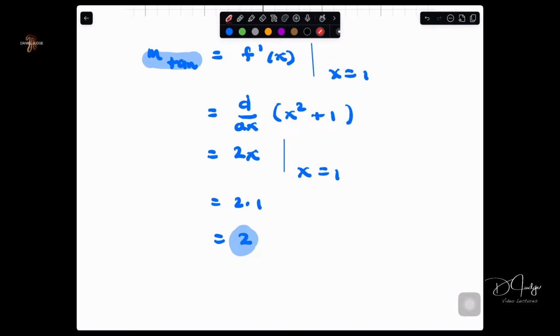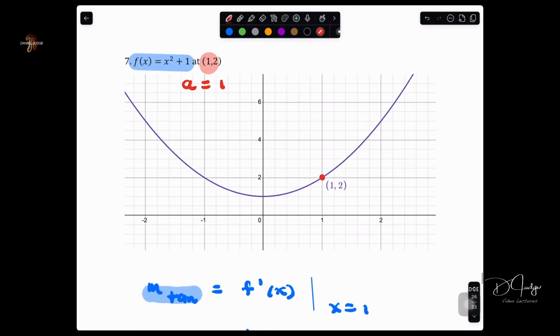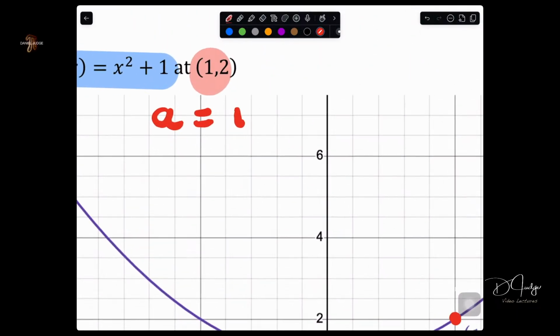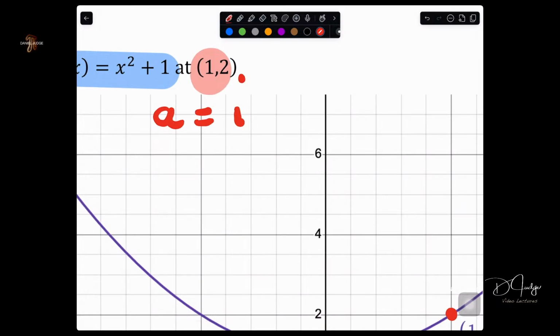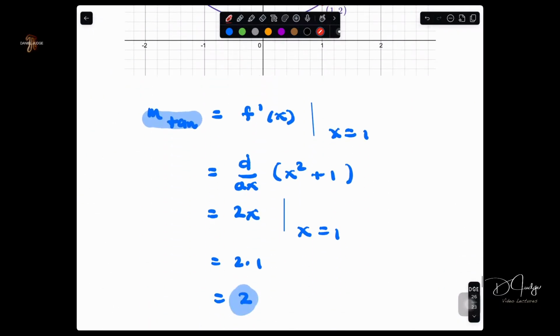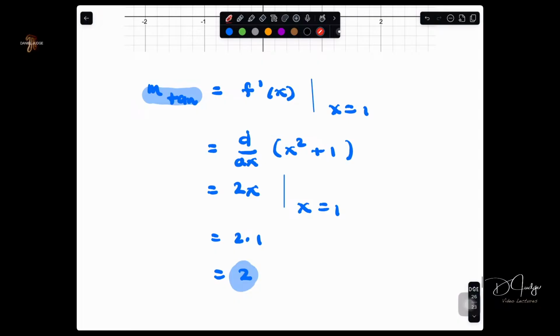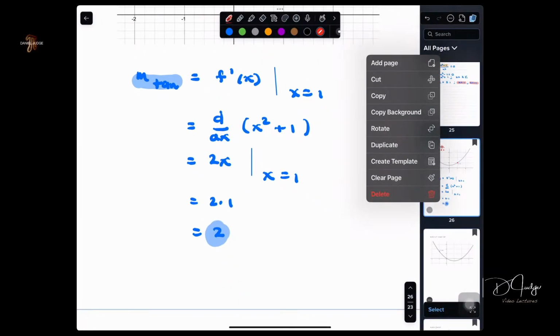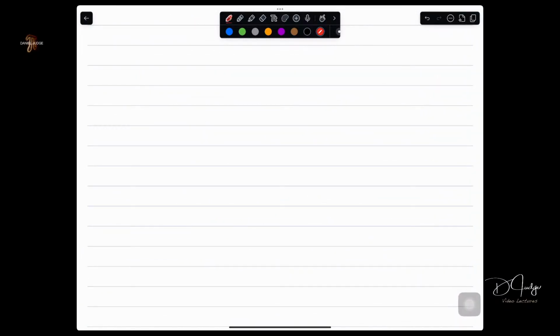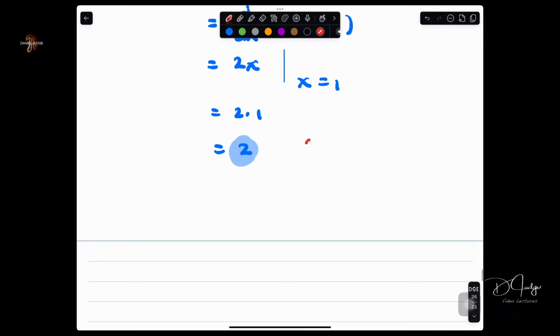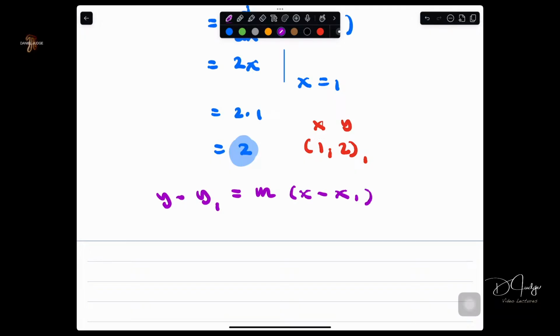Now, again, the location, if we're going to find the equation of the line tangent to the curve at this point, the point is (1, 2). It's the one and only point we have. Let's get out some paper here. At location (1, 2), here's the x coordinate, the y coordinate. So we say y minus y1 is that m, really m tangent, times x minus x1.